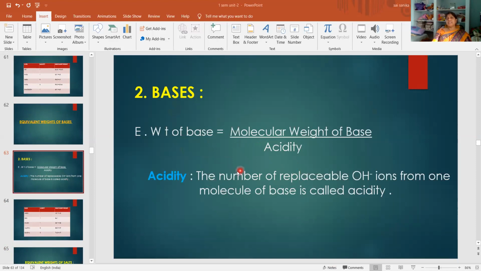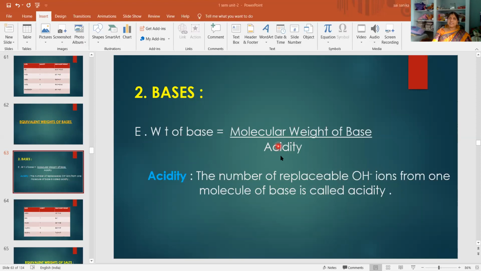Remember, for acid we say basicity, and for base, acidity. So what is meant by acidity? The number of replaceable OH minus ions from one molecule of base is called acidity. That means in a base molecule, how many OH minus ions are replaceable? That is nothing but acidity.